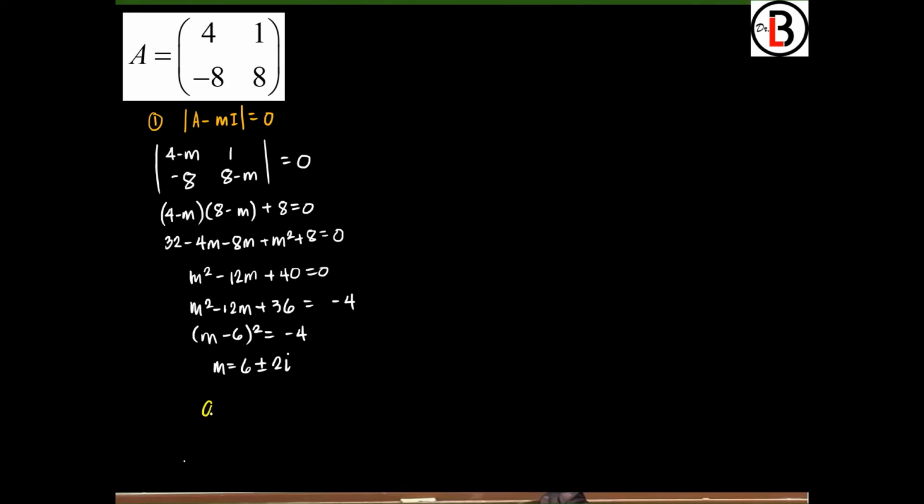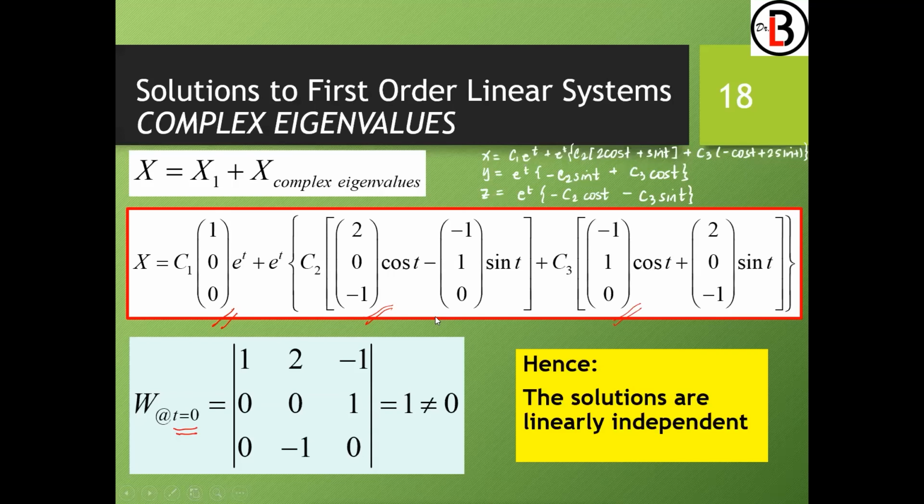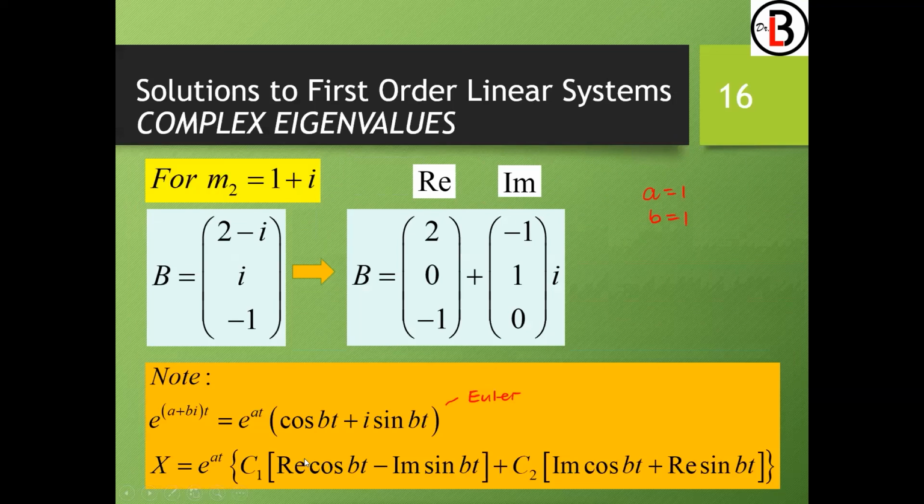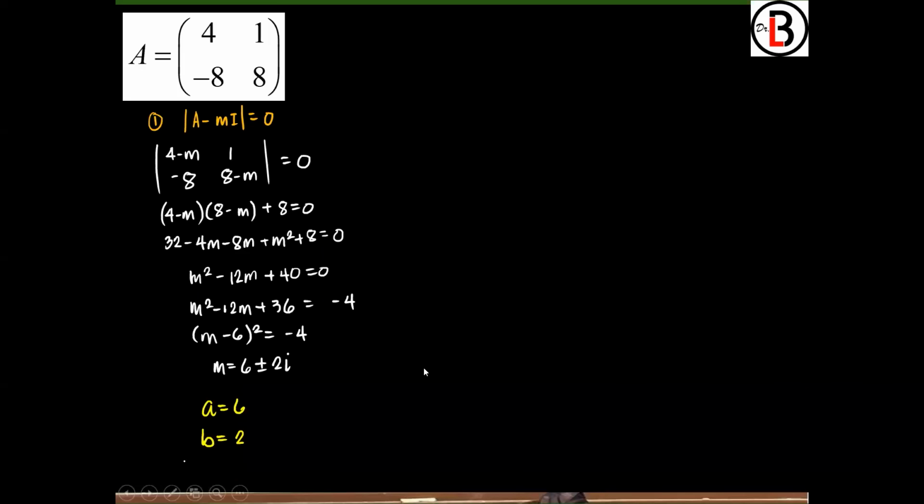So with this, a is 6, b is 2. You don't care about the signs anymore, if it's positive or negative 2, because it will be taken into consideration already by this form, because one is for the plus, one is for the minus. Okay, so what's the next step, guys?